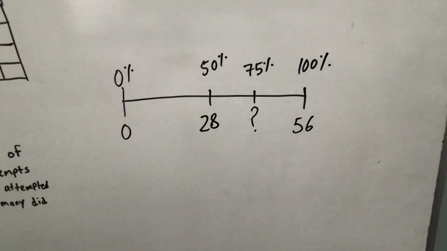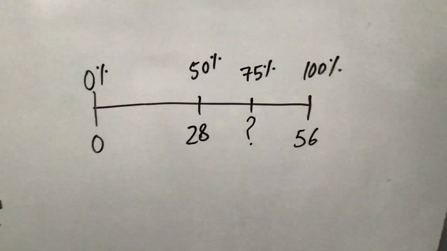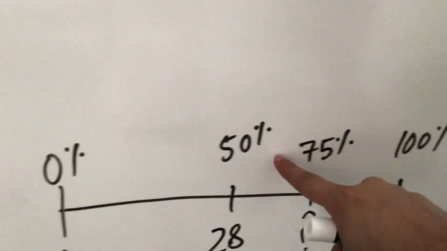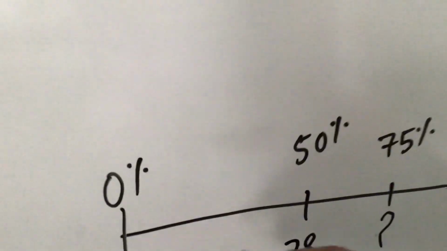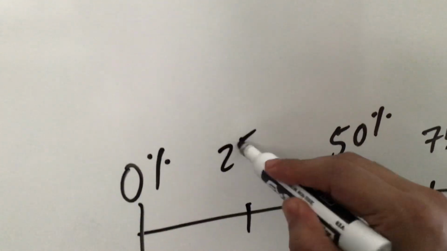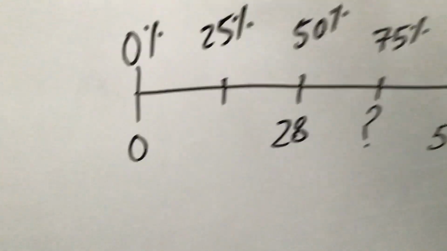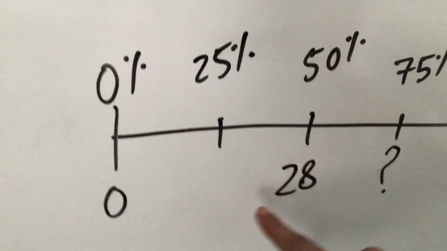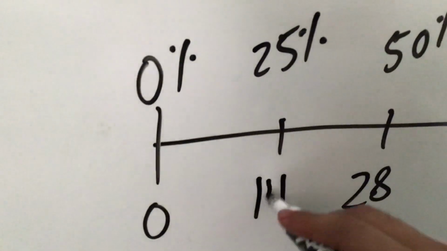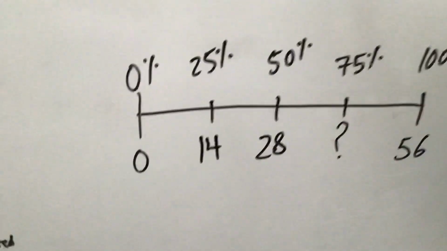Now, I know that on top the percentages, they're going by 25. So I can even break it down into half. Half of 50 is 25%. Well, I do the same thing with the free throws at the bottom. Half of 28 is 14. Divide 28 by 2 and you get 14.